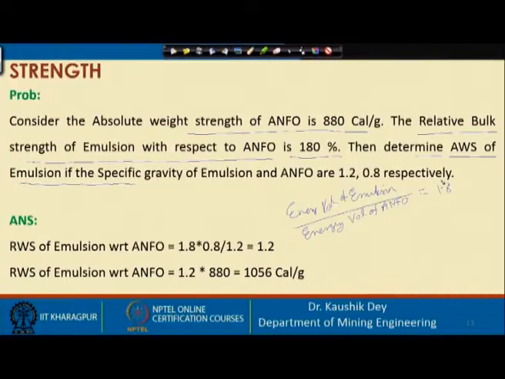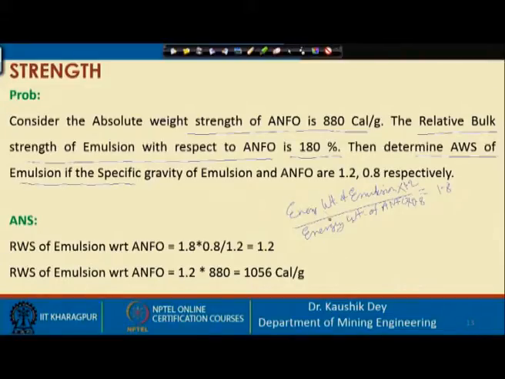Now, let us convert the volume into weight. So, to convert this volume into weight, we have to multiply with the density, that means for emulsion it is 1.2 and for ANFO it is 0.8.